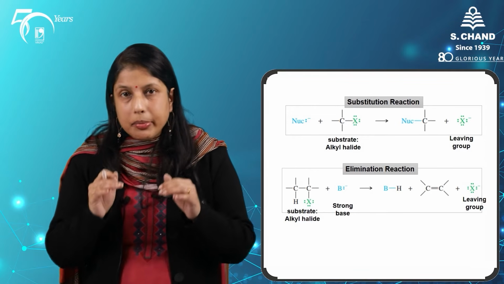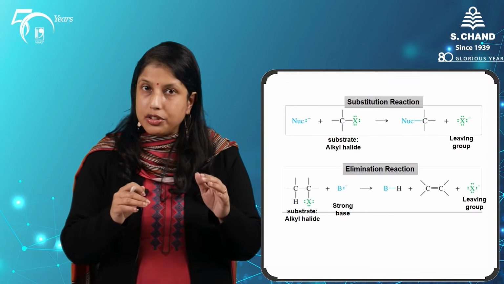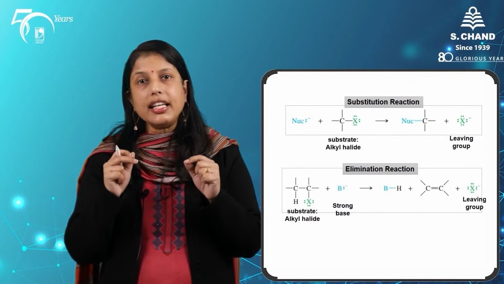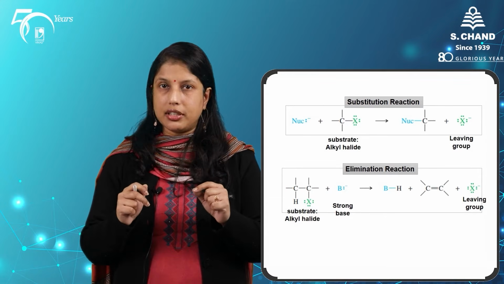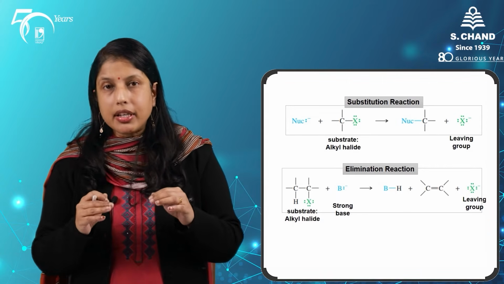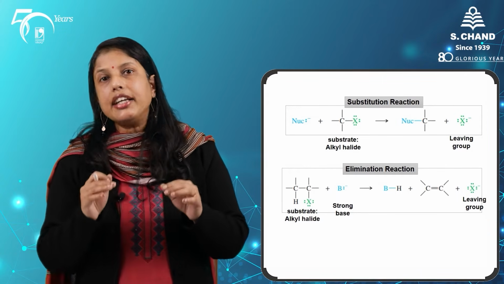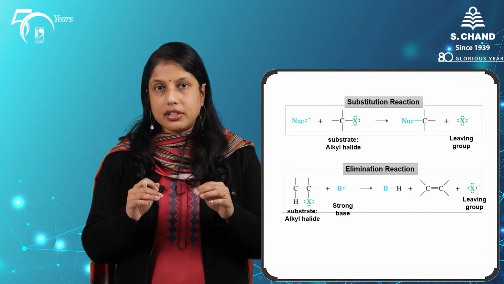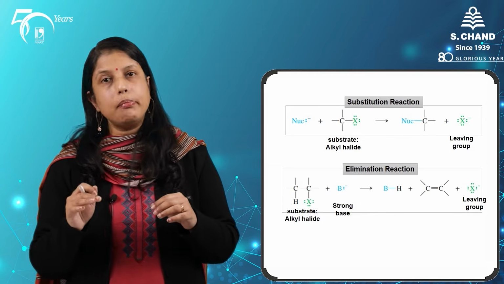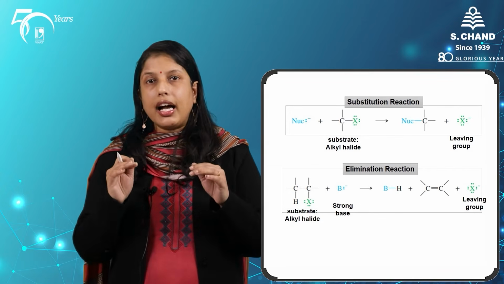And the elimination of a halogen and a hydrogen is known as dehydrohalogenation. If you have been following our videos, you will remember that these dehydrohalogenation reactions of alkyl halides are an excellent method to prepare alkenes and alkynes.